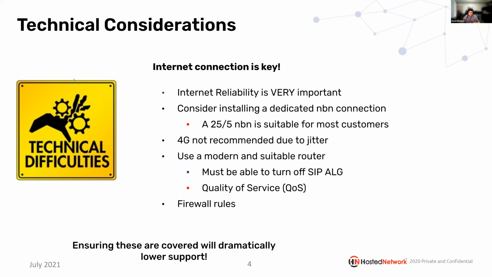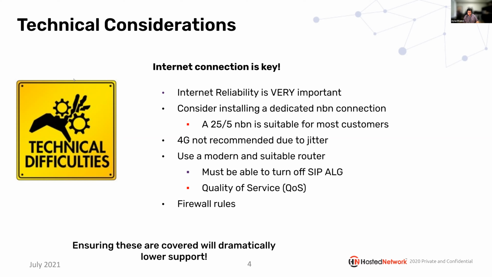So if you can only get a pretty lacking internet connection, we do recommend getting a separate 25 by 5 fiber to the node service or something like that, purely because that way you can dedicate that connection to the phones, and you can generally get a better result out of that. We don't recommend using your typical 4G or 5G services for phones for failover, because a lot of those are double natted. There's also a lot of latency on those, and they can introduce some really odd issues that could actually quite upset the customer.